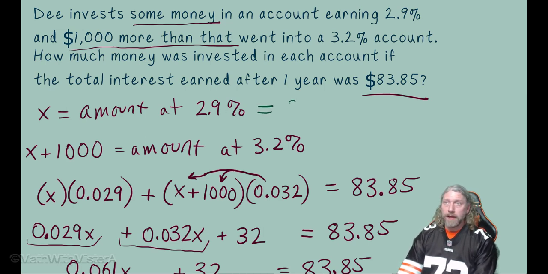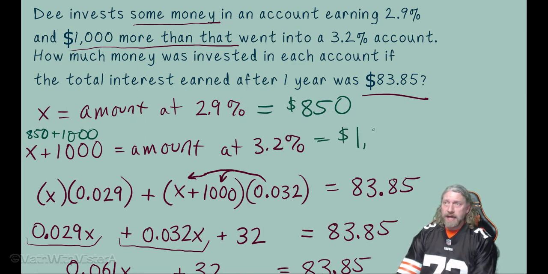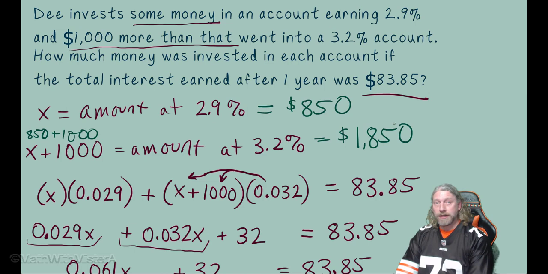So now we know that amount was $850. In the second account, it was X plus 1,000 because we had $1,000 more going into this second account. So we're looking at 850 plus 1,000. So the amount in that second account at 3.2% is $1,850. So there we have the amounts invested into those two accounts.